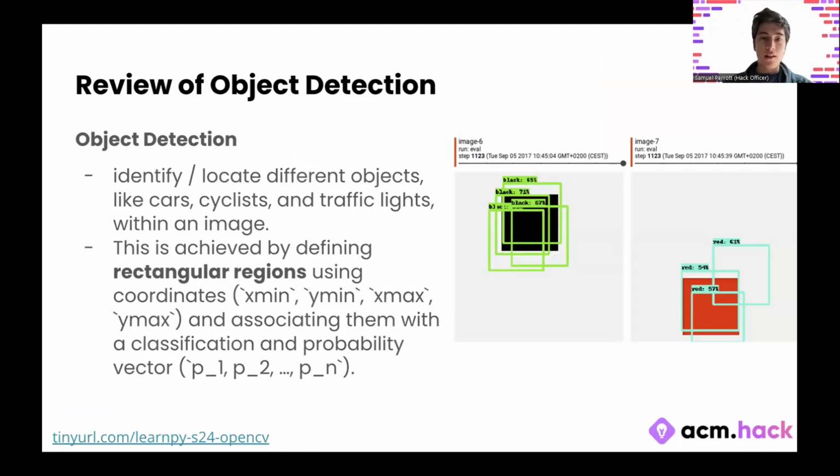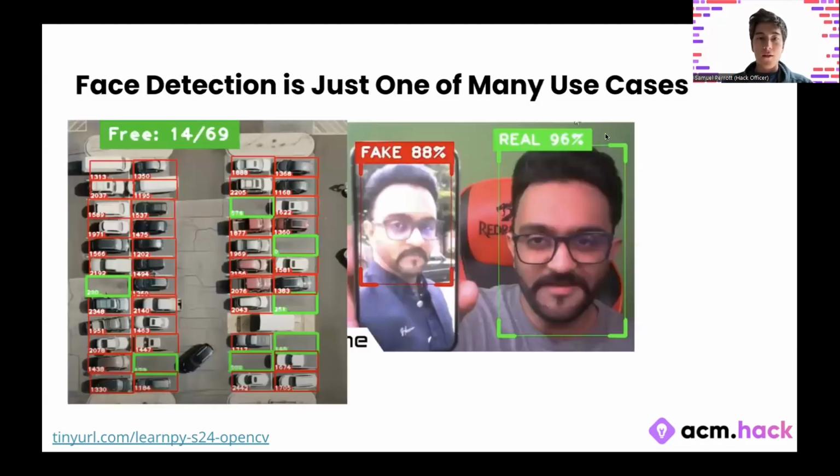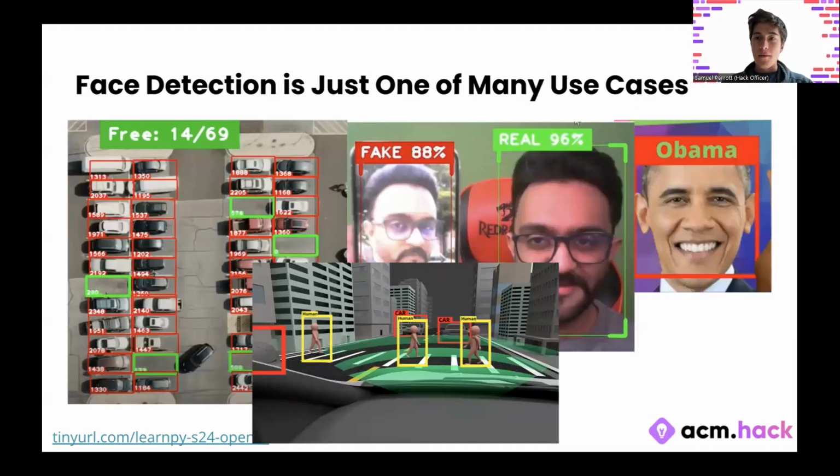How object detection works is that the algorithm will identify a bounding box for the object, and if there are multiple bounding boxes identified, the one with the highest overlap will be selected. The bounding box is defined by the top left-hand corner, and then the width and the height. You can do a lot with object detection, not just facial detection, but we're going to be focusing on facial detection today.